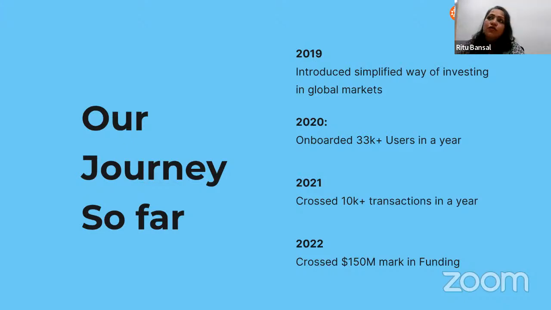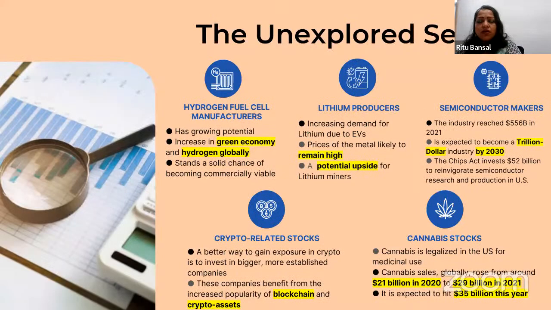I also started off by saying that global investing makes a lot of sense in your portfolio because there are industries and companies which are not present in India, which can be a part of your portfolio and can give you true diversification. So what are those sectors which are not present in India? We have hydrogen fuel cell manufacturers.